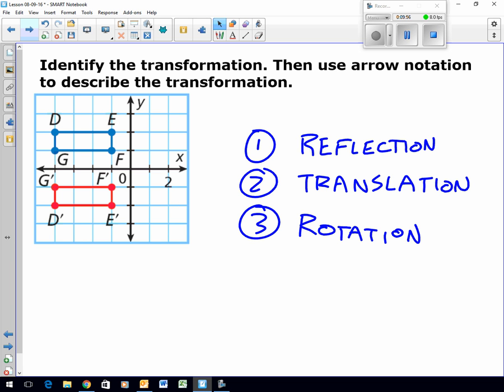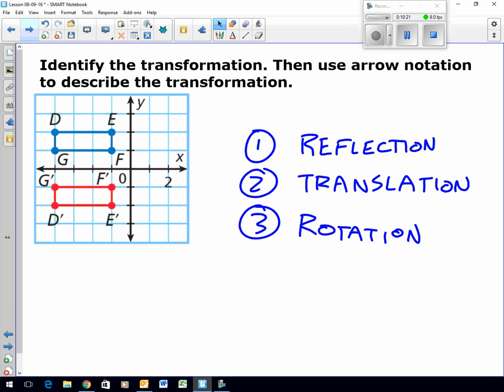I see some people shouting out one, some people are holding up one finger. And people are like, dude, what's a reflection? When I say reflection, what do you think of? Smear. Hey, what's the trigger word that goes with reflection? Good. Remember, you got flip one, turn one, and slide one.